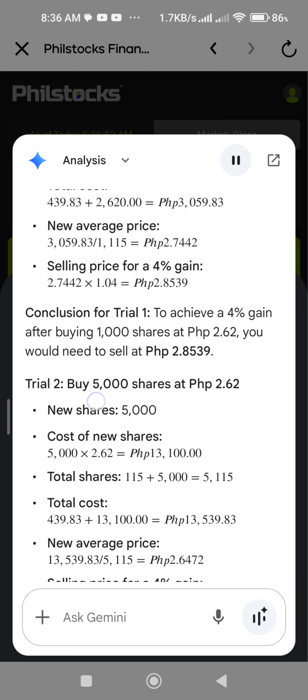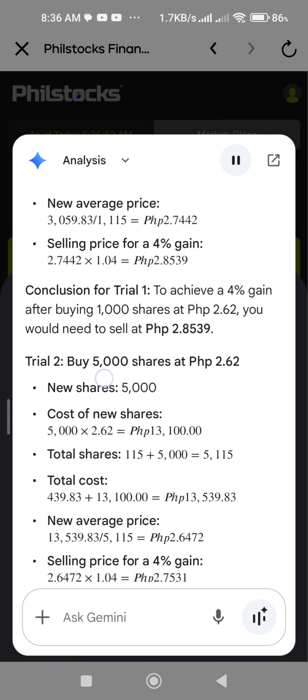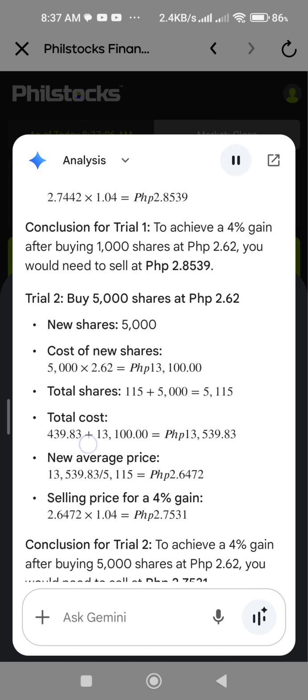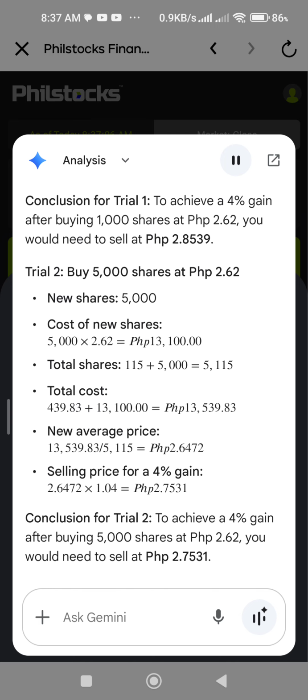New average price: 3,059.83 divided by 1,115 equals PHP 2.7442. Selling price for a 4% gain: 2.7442 times 1.04 equals PHP 2.8539. Conclusion for Trial 1. To achieve a 4% gain after buying 1,000 shares at PHP 2.62, you would need to sell at PHP 2.8539.